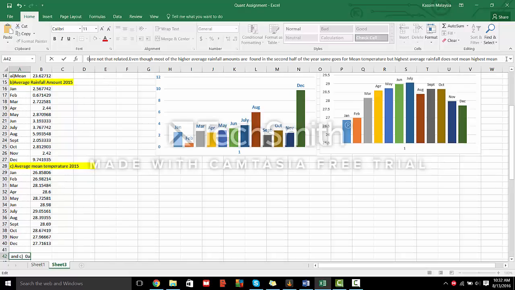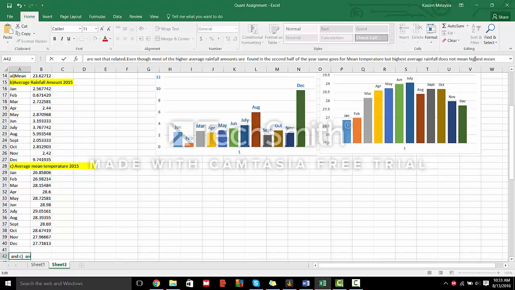So B and C are not really related. Even though most of the higher average rainfall is found in the second half, and the same goes for temperature, it doesn't relate. Even though December has a 9.74 average rainfall, it doesn't mean it's the highest for mean temperature, so it doesn't correlate.